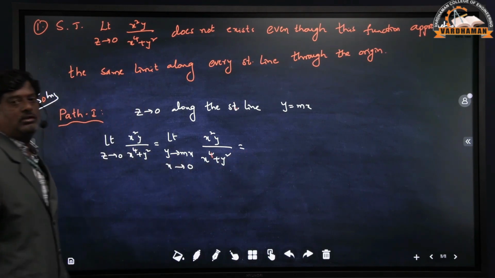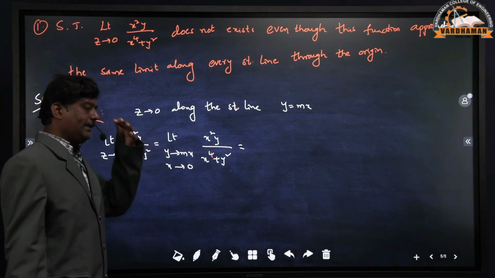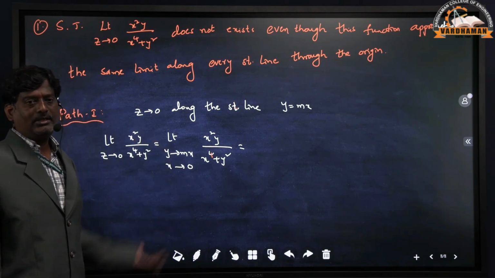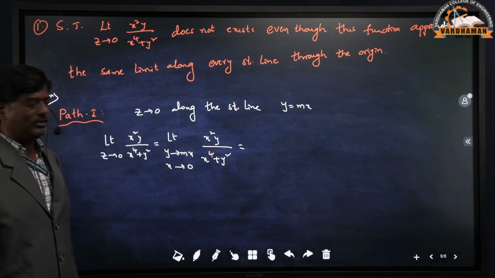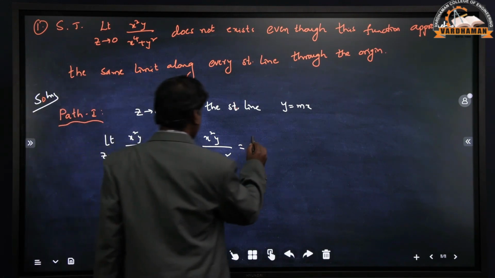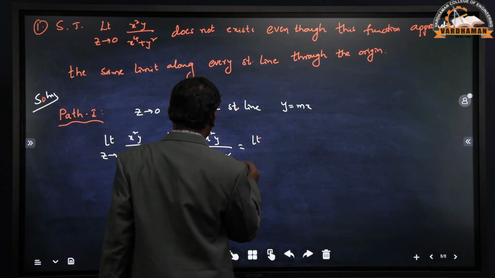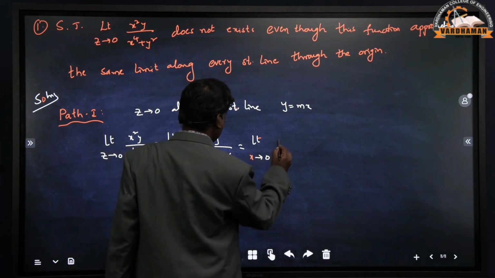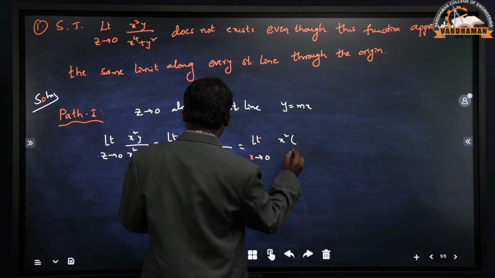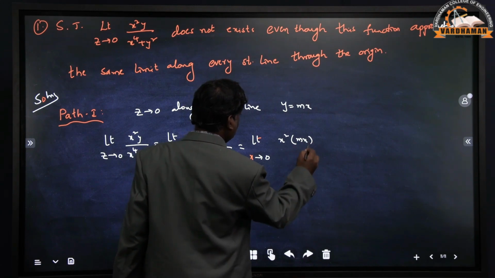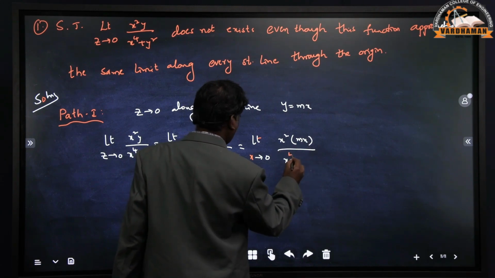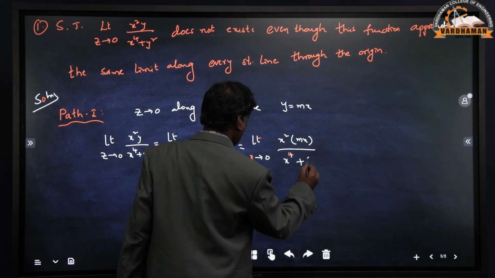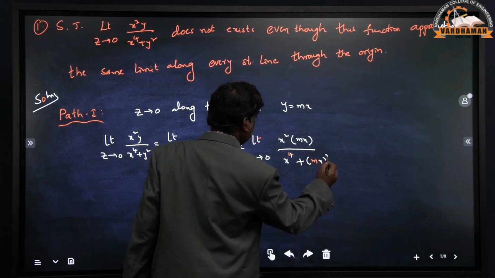First we identify the limit along y, next you apply x tends to 0. Now first I apply y: as x tends to 0, x squared, wherever y is there you put mx, divided by x to the power 4 plus y, that is mx whole squared.